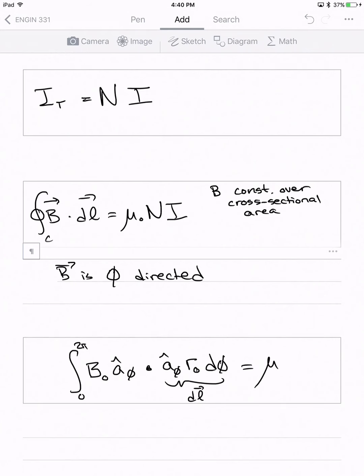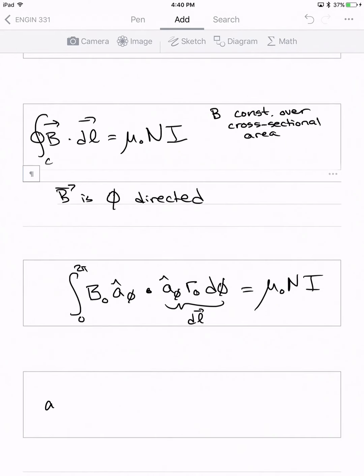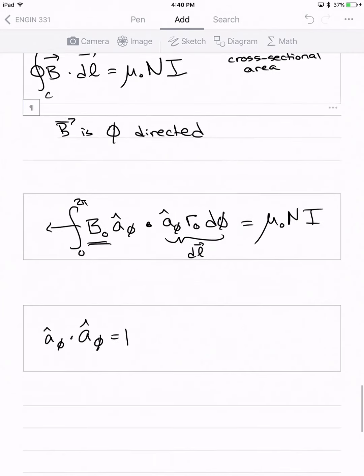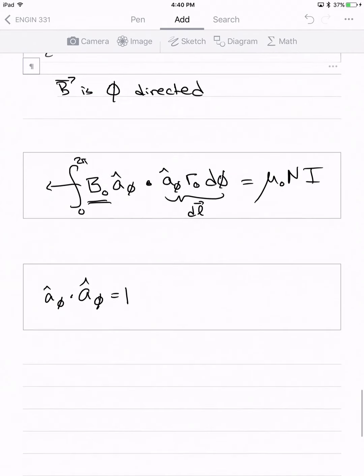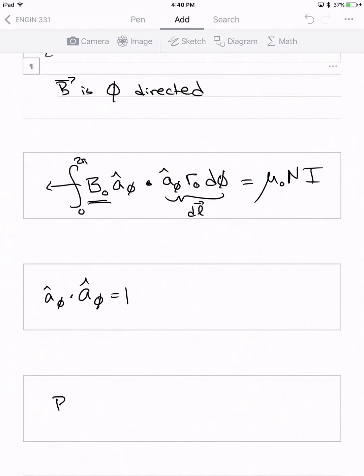And that again is equal to mu naught n I. So that dot product of a sub phis is just going to be equal to 1. This factor of b naught can go out to the front of the integral. And then when I write that down one more time, I have b naught in front.